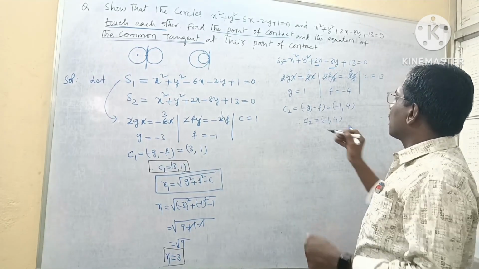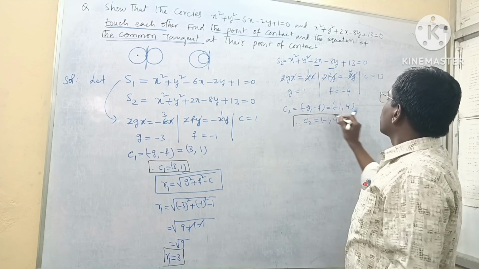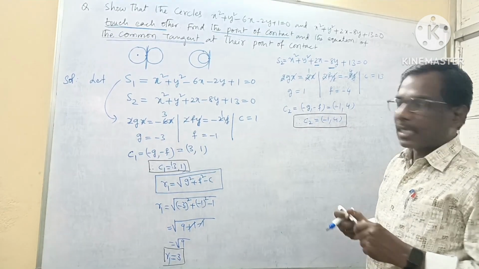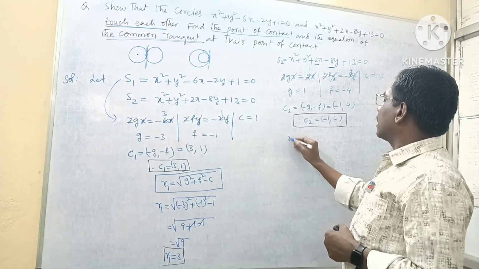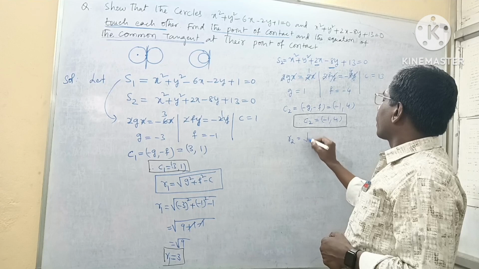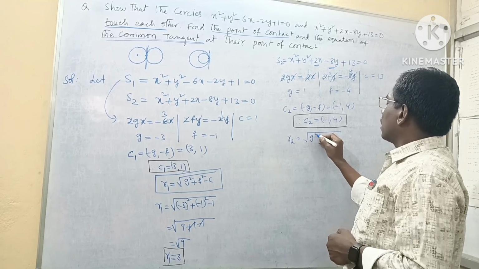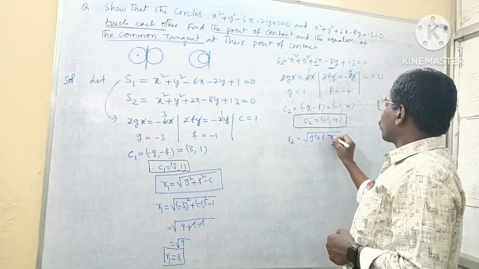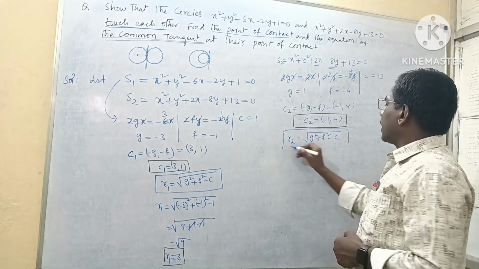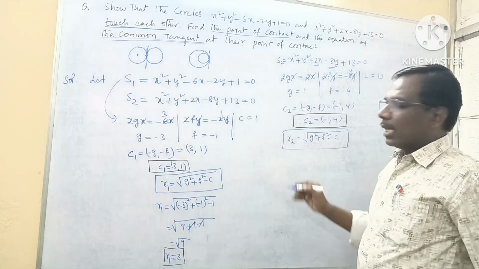This is the center of the second circle. Next, to find the radius of the second circle, the radius formula is the square root of g square plus f square minus c.